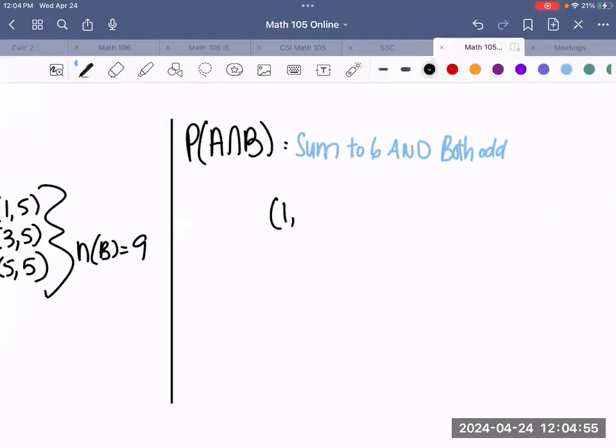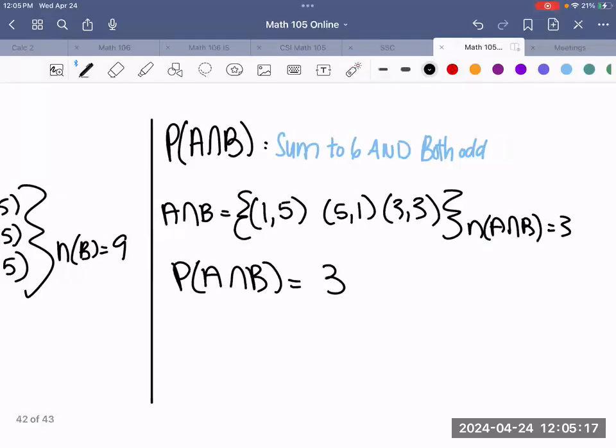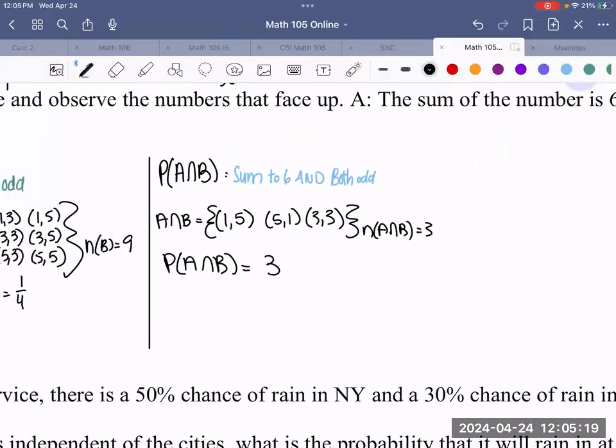So 1 and 5, 5 and 1, 3 and 3. This is A and B. So the probability of A and B is equal to 3, sorry, 3 out of 36.